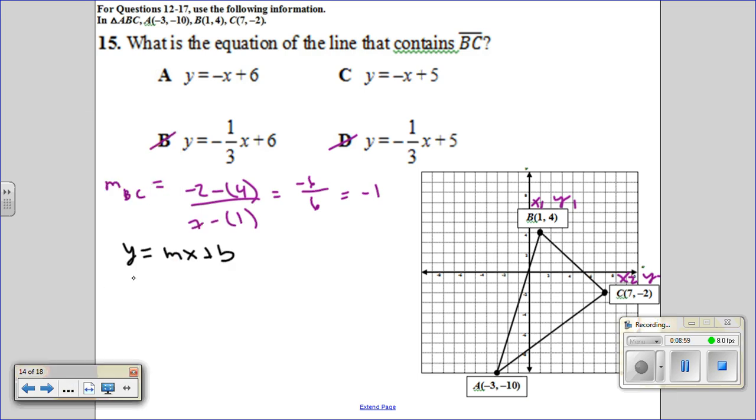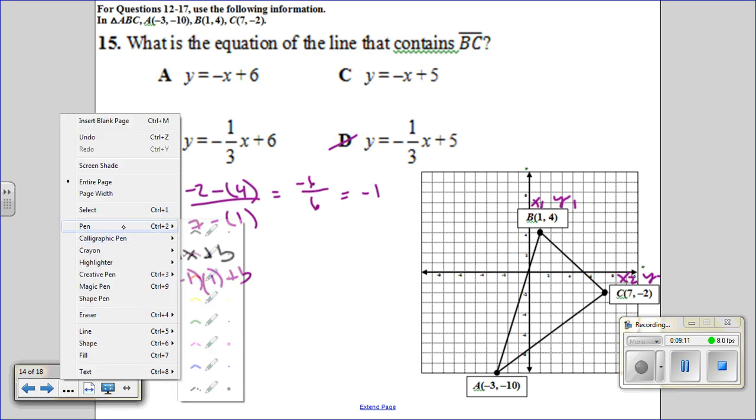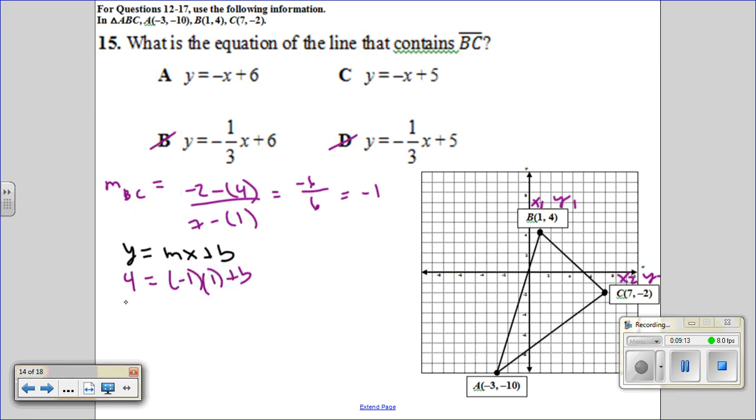And you're going to replace y with 4, m with negative 1, x with positive 1, and solve for b. So obviously the first thing I'm going to do is multiply negative 1 and 1, so that would give me 4 equals negative 1 plus b. Then you would have to add 1 to both sides, so that would be 5 is equal to b. So the equation would have to be C.